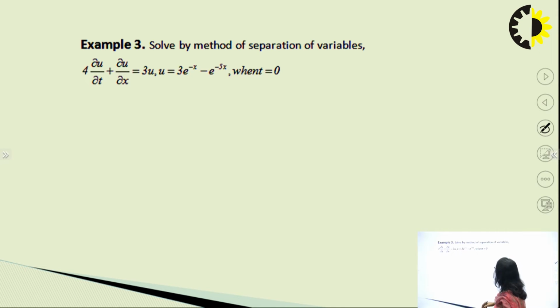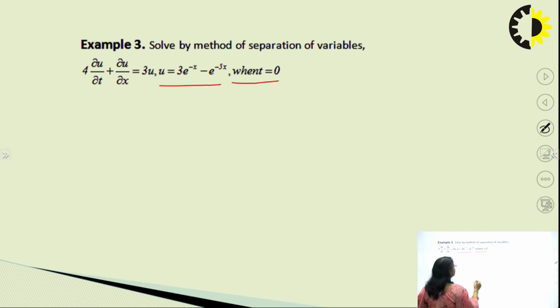To solve by method of separation of variable, this equation 4 del u by del t plus del u by del x equal to 3u. Here in this equation, we are given u as 3 e to the power minus x minus e to the power minus 5x. Initial condition here is mentioned in this way, when t equal to 0.